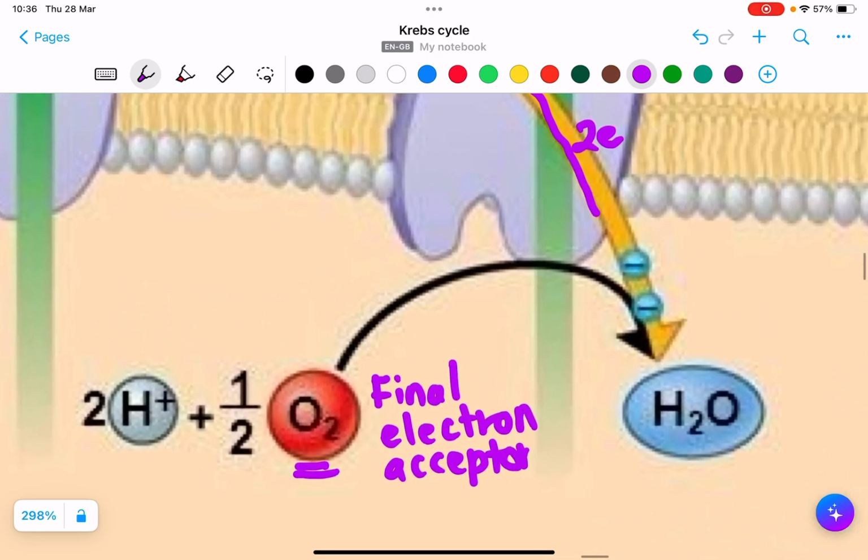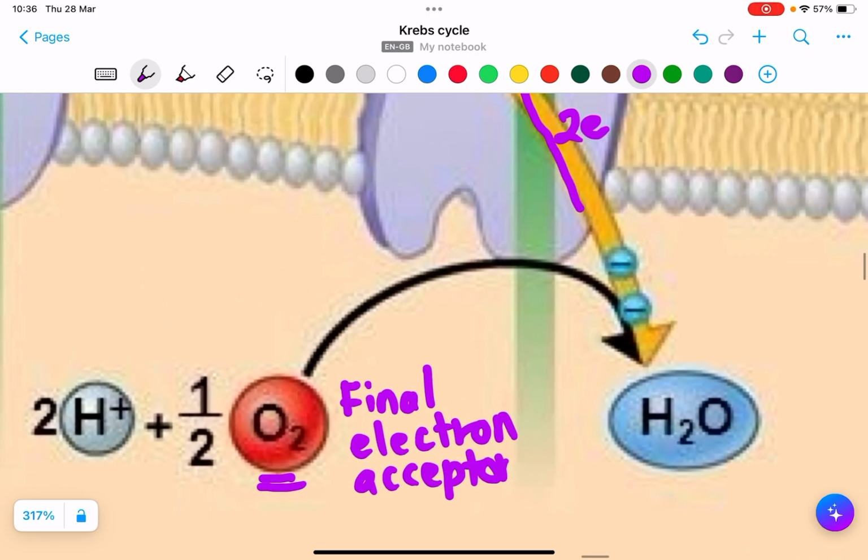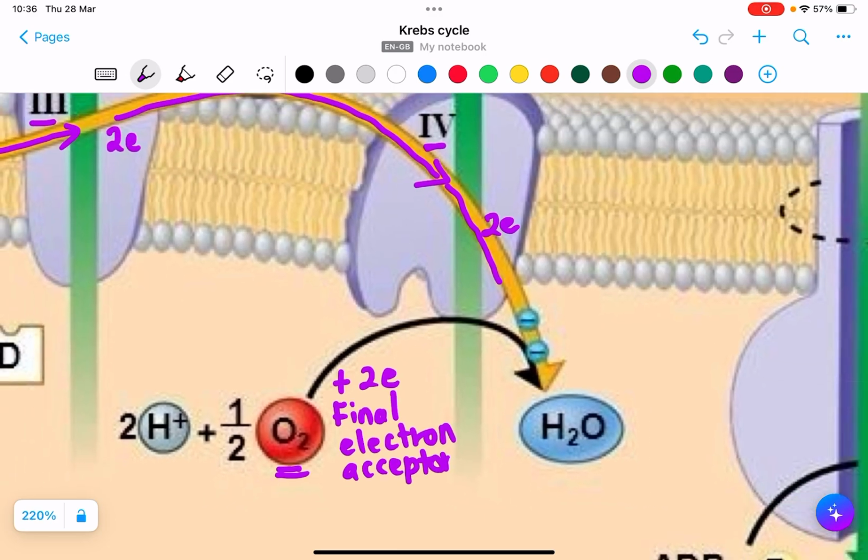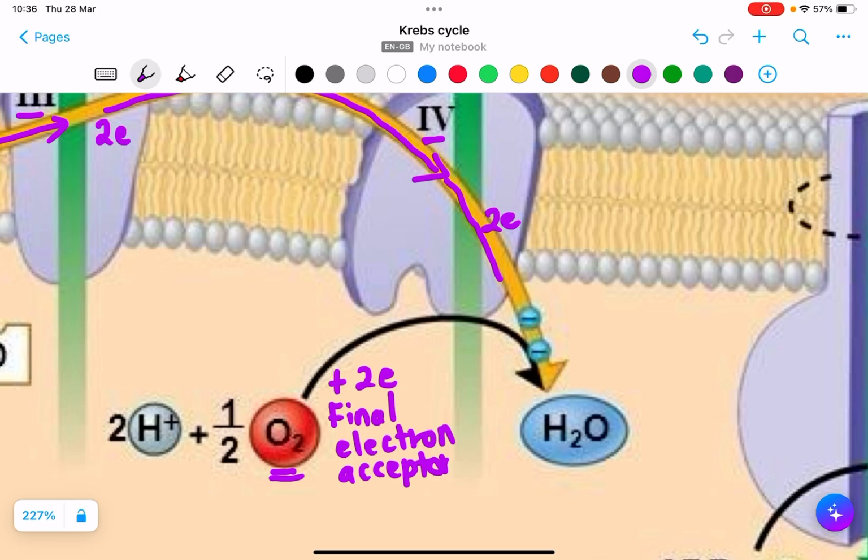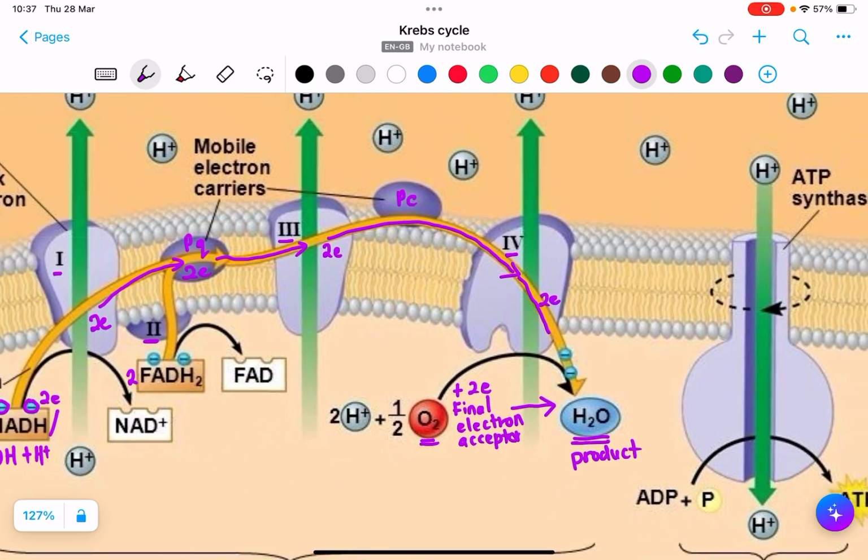So half oxygen, plus 2 hydrogen plus, I'm going to write it here, plus 2 electrons. The 2 electrons are passed from complex 4, and this is going to produce water as the product, one of the products in the electron transport chain.